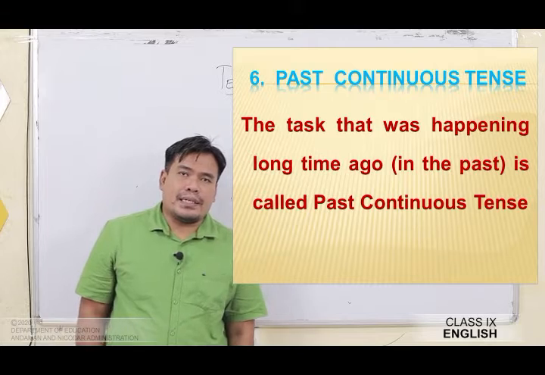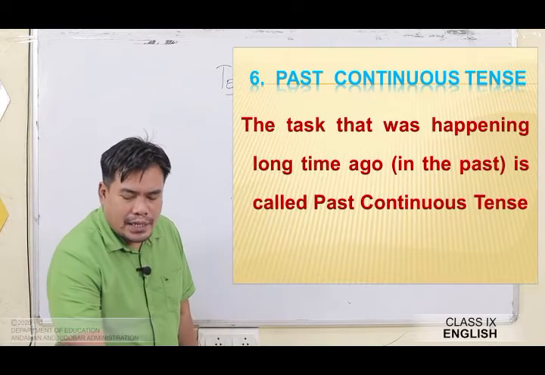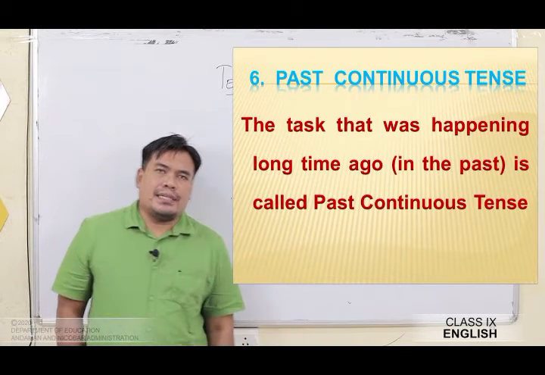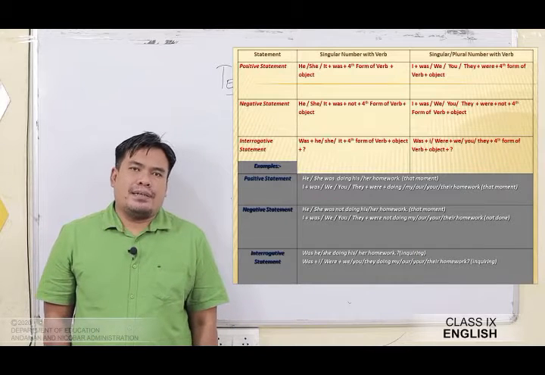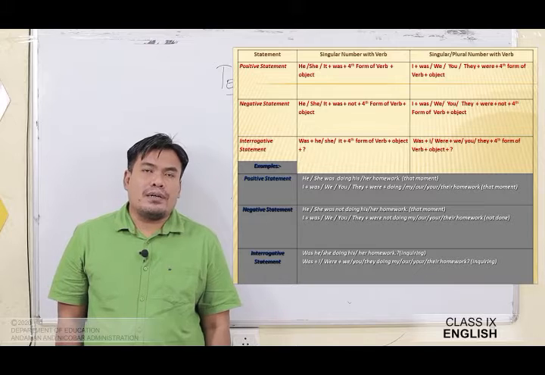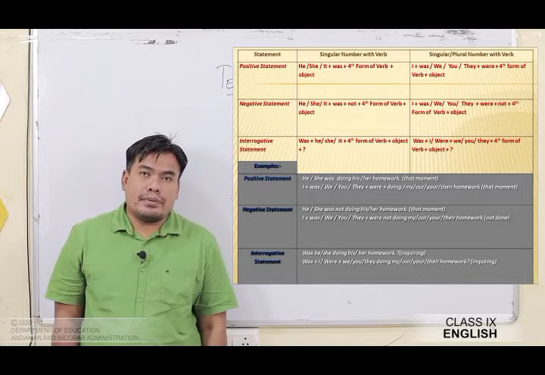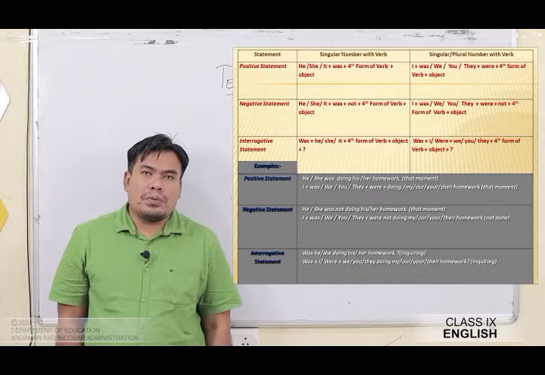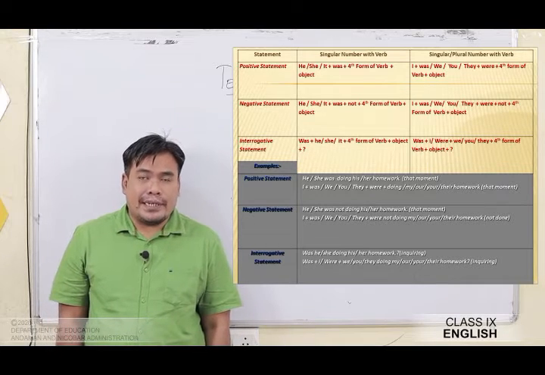Let me just give more detail. If you look at this table, there is the statement, singular number with verb, and singular / plural number with verb. The positive statement: as you know, the singular numbers are he, she, it, and I and you.